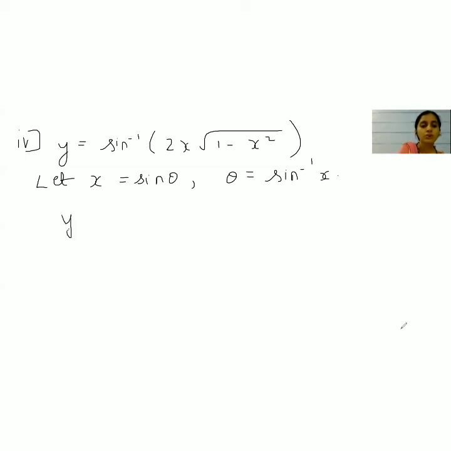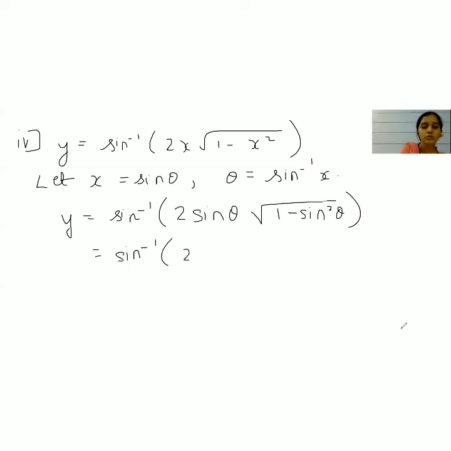Okay. Also, y is equal to sine inverse of bracket 2 sine theta under root of 1 minus sine square theta. Now, what is 1 minus sine square theta? It is cos square theta, right? So, we'll have sine inverse of 2 sine theta. Root of cos square theta will become cos theta.